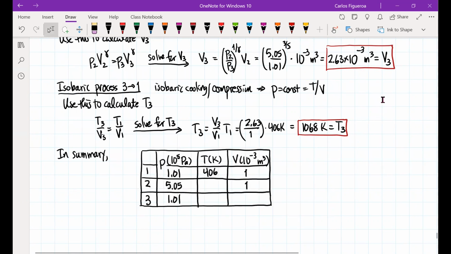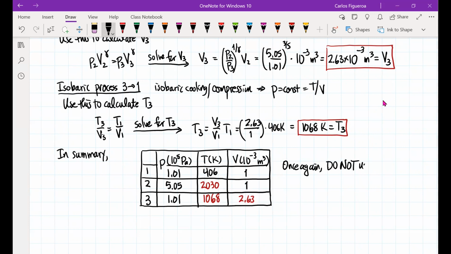If I look at all the values, you'll note that we initially put in 20, 30, and then we just computed 1068. And then our volume here was 2.63. Once again, we did not use the ideal gas law equation. We used the conditions to compute all of these.